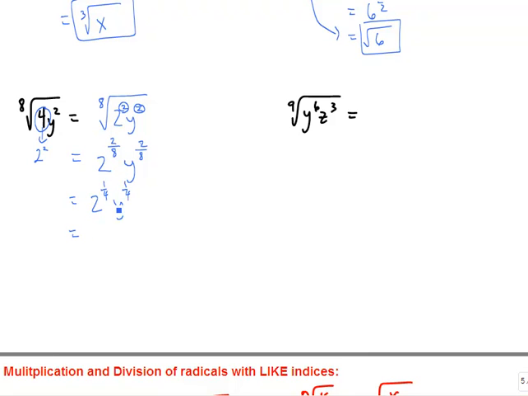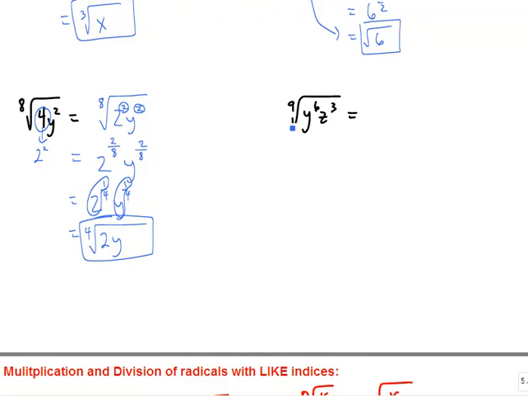And now I can convert both of these back into radicals. They both have the same 1/4 power, and since 4 is in the denominator, that can become a 4th root, and what would be left is 2 to the first, or just 2, and y to the first, which is just y, so the final reduced radical is the 4th root of 2y.